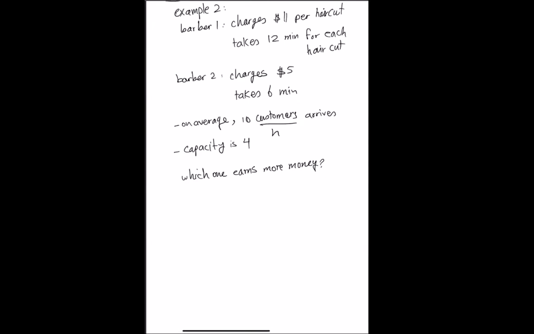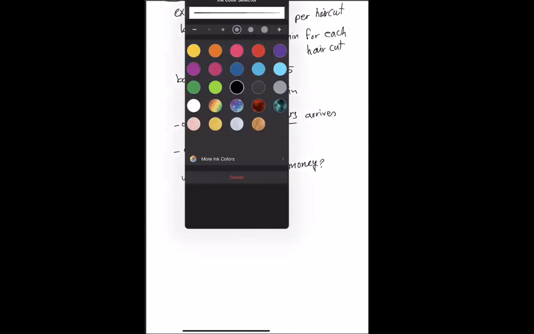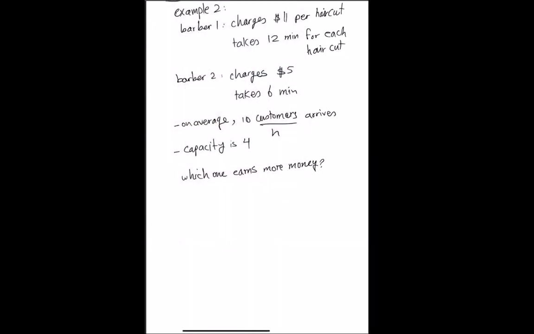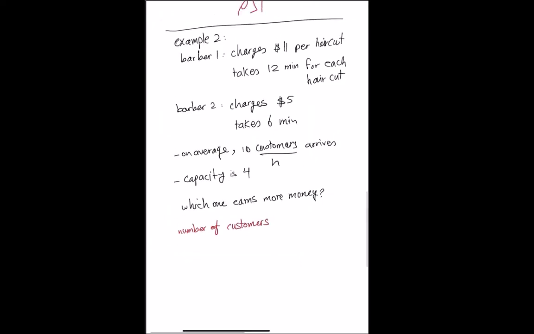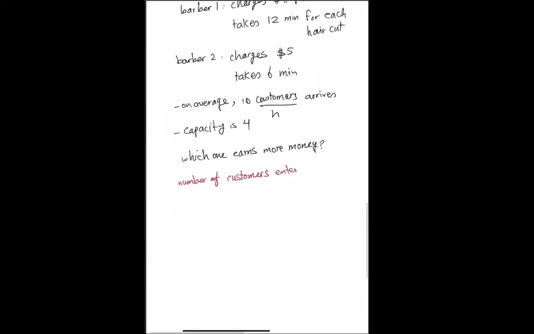To calculate that, I'm going to find out how many customers per hour can enter the system, and multiply that by the charge, how much money we are going to charge each one of them. So I'm going to find out the number of customers that enter each system per hour.